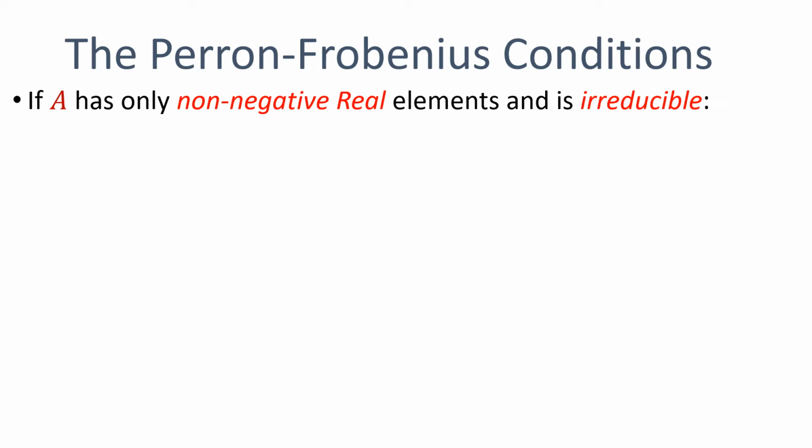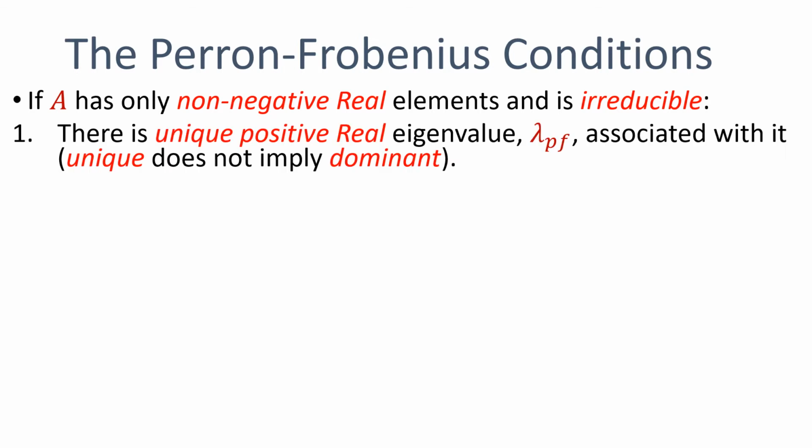So if our matrix has this property, if it contains only non-negative real numbers and is irreducible, what the Perron-Frobenius conditions guarantee is that that matrix has a unique positive real eigenvalue associated with it. Now, unique in this sense does not imply that that eigenvalue is dominant.